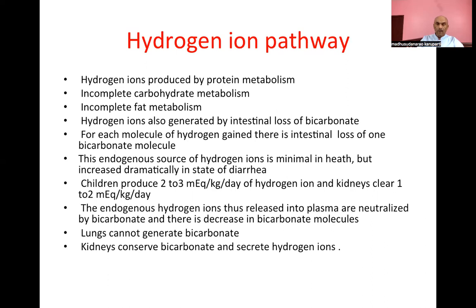This is well balanced during health, but during diarrhea, the endogenous source of hydrogen ions is minimal, yet the loss of bicarbonate increases dramatically. That means in acute diarrhea, there is excessive loss of bicarbonate and retention of hydrogen ions. That results in metabolic acidosis.